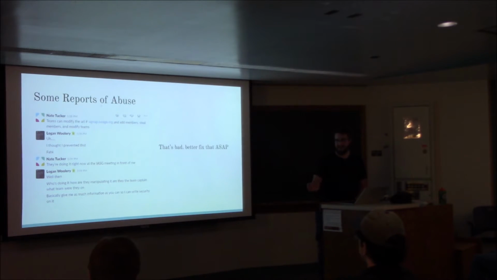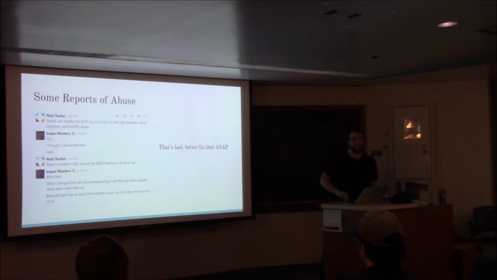So I started getting some reports of abuse almost exactly a week ago at 5:08, just before the last IASG meeting, where I heard that URL injection is a thing. So what was happening is the two aforementioned gentlemen sitting up front here discovered that if you just started throwing random team IDs at the end of that path that was on the screen earlier, you could add or remove random people from teams, or just add everyone to your team.